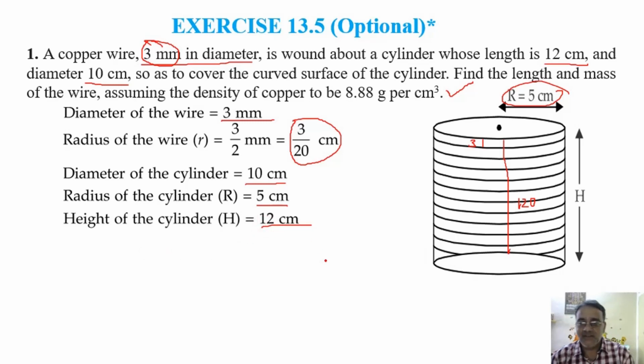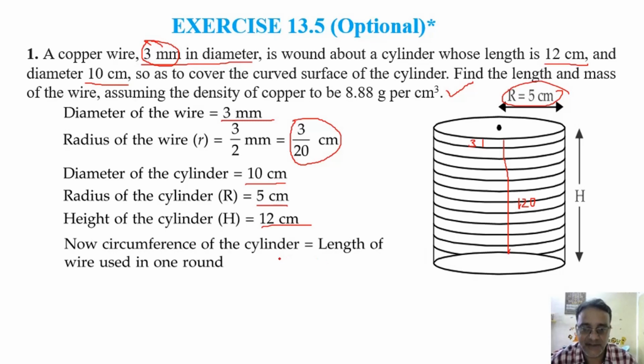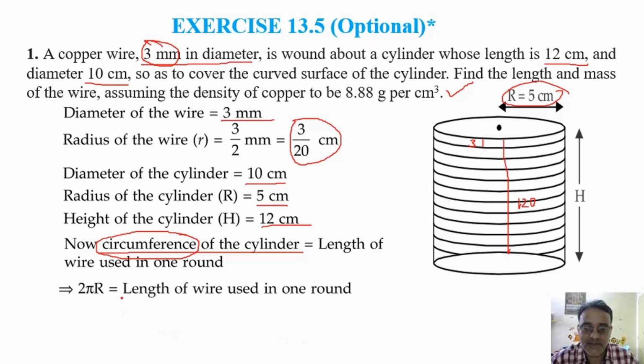Now the length of wire in one rotation is equal to the circumference. What is the circumference of the cylinder? 2 pi r only, the circumference, not the curved surface area. 2 pi r is equal to the length of wire in one round.